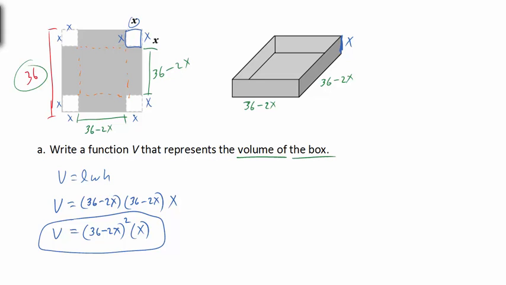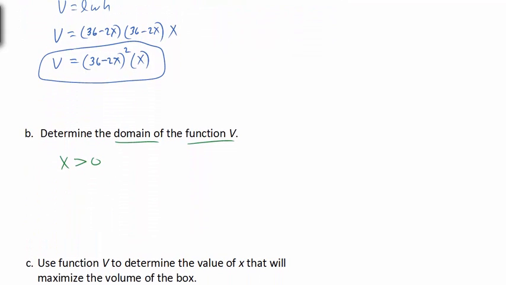So let's look at an easy way we can figure this out. What we're really saying is, if the volume is equal to (36 minus 2x) squared times x, then we know that this amount here, 36 minus 2x, cannot be equal to 0. So if I take 36 minus 2x, set that equal to 0, and solve for x, add 2x over, and then divide by 2, so we have 36 divided by 2, x is equal to 18.